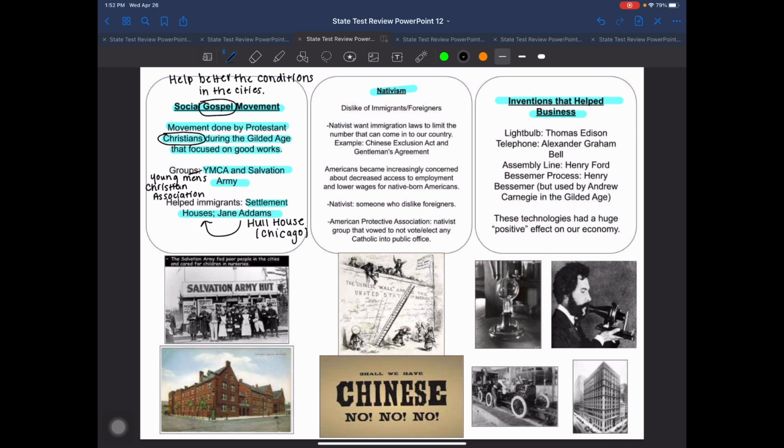I actually have a picture of Hull House right down here. And the main focus of the Hull House, to be honest with you, was to help immigrants adjust to American society, all right?